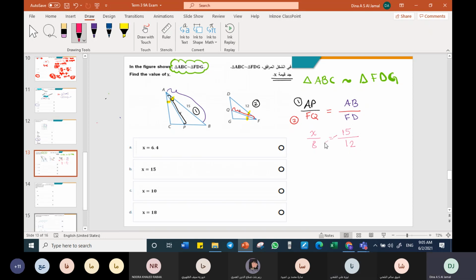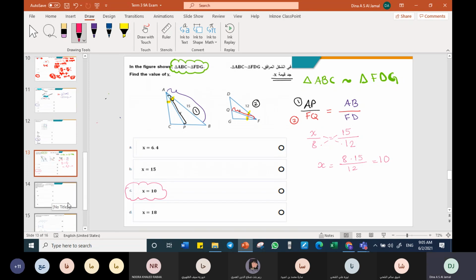Good. Cross product. Give me x. 8 multiplied by 15 equal to 120, divided by 12. The answer is 10. Excellent. Perfect. Which is C. Now, done.